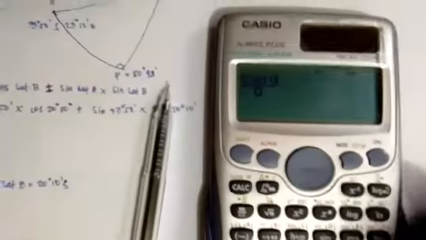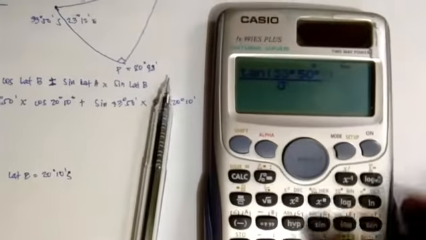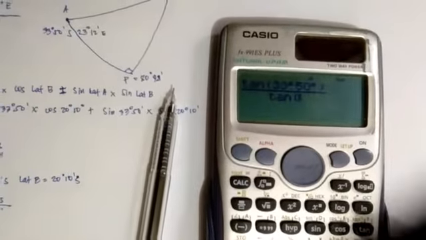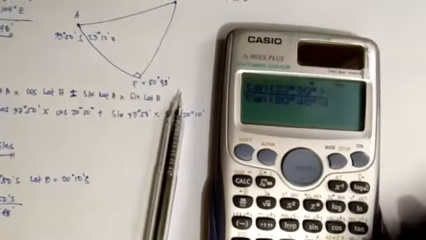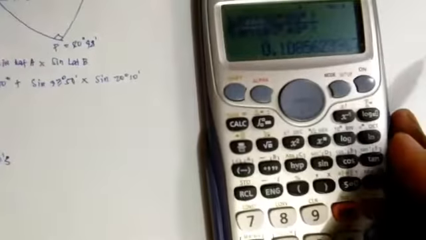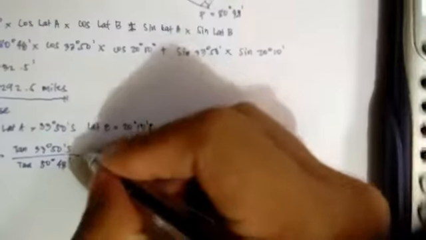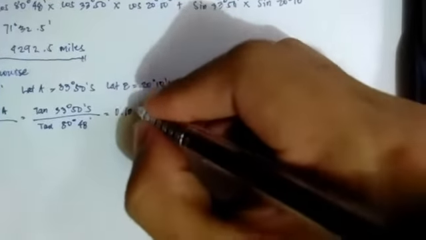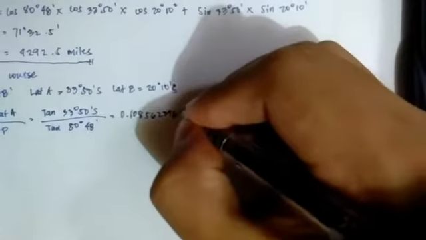So we'll put it in our calculator. Tan 33 degrees and 50 minutes over tangent 80 degrees and 48 minutes. So we will get 0.108562397.